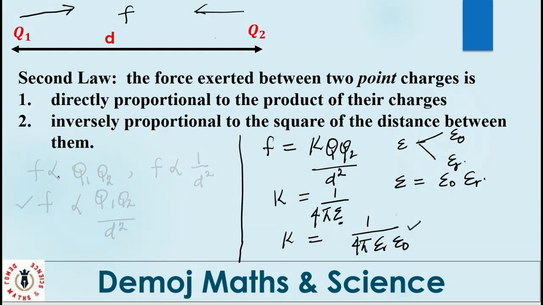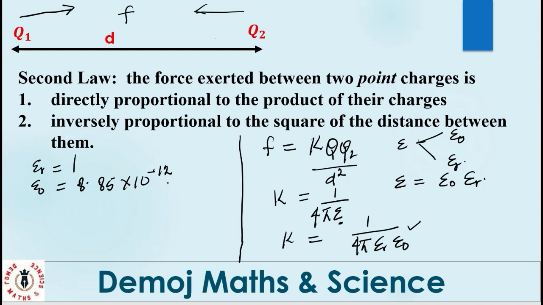We also know that if the medium is free space, the relative permittivity ER of free space is 1, while the absolute permittivity E naught of free space is 8.85 times 10 raised to power minus 12.